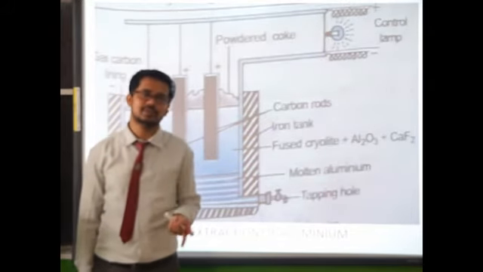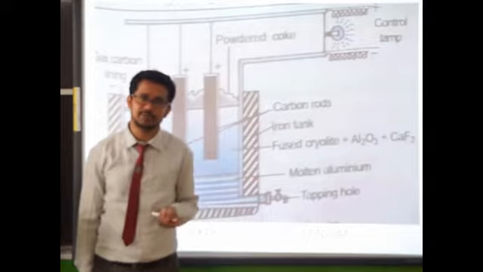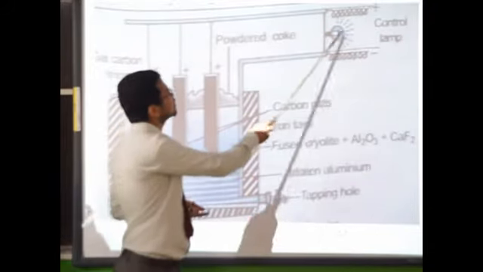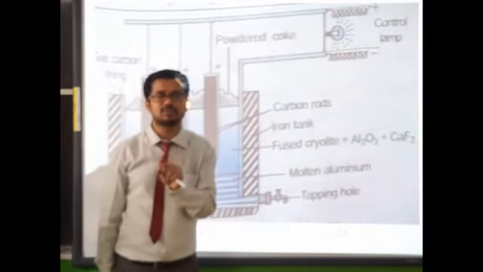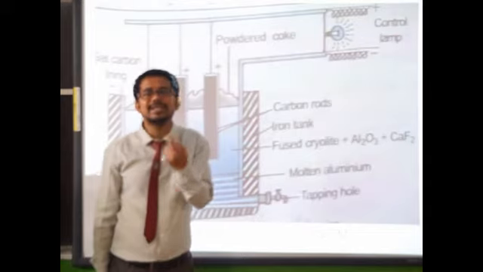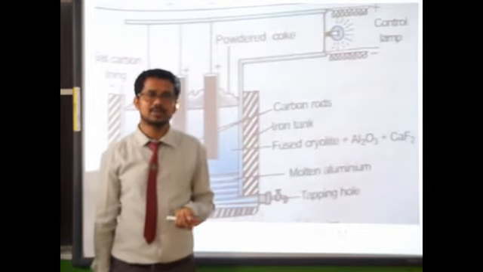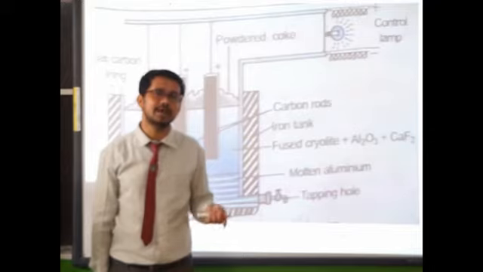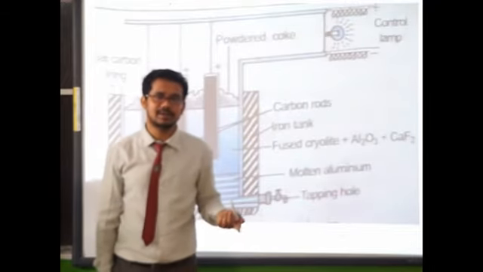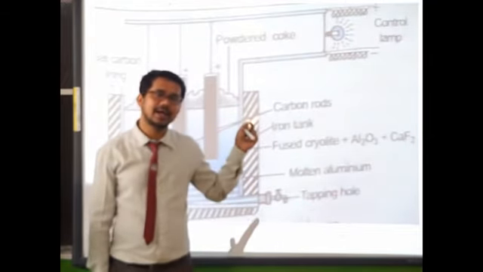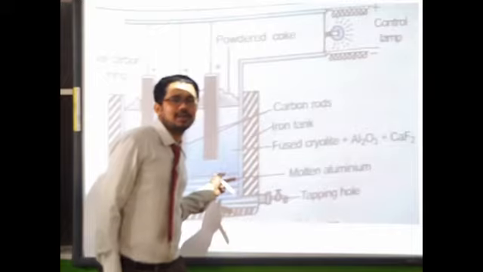So we need to put in alumina again in order to get pure aluminium. The work of this control lamp is to indicate that you are supposed to add more alumina, because the voltage is increasing, which means it needs more alumina.